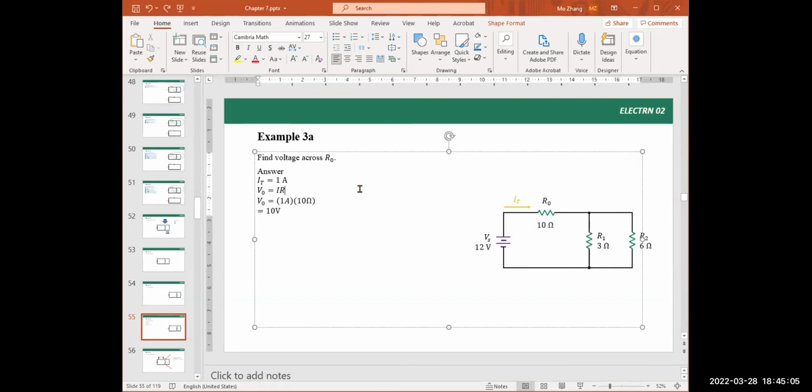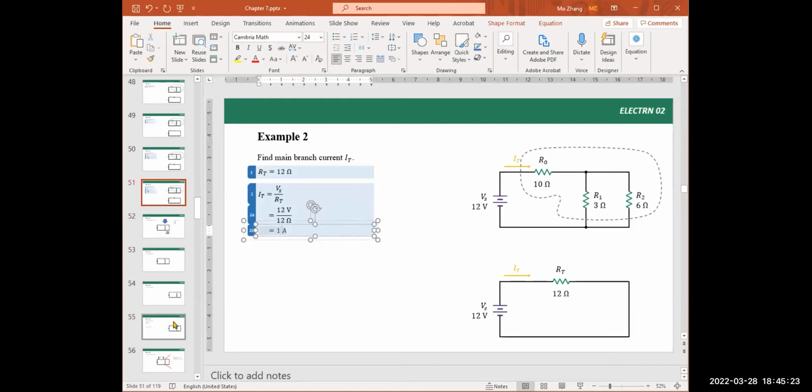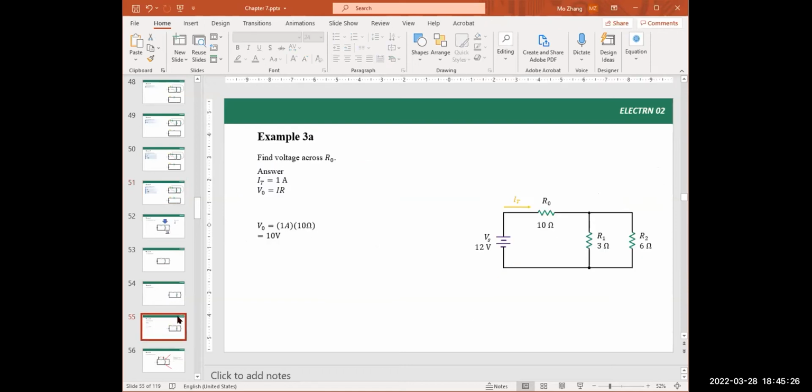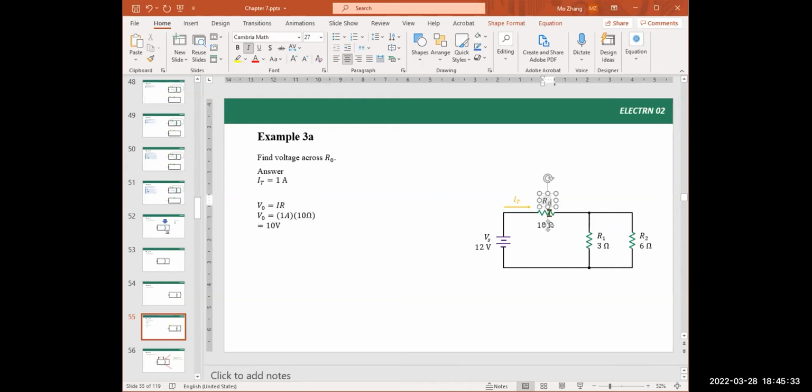Given the total current, which is the current that passes through R0 and equals 1 amp, calculated in example 2, and the voltage drop on R0: voltage is I times R, current times resistance.